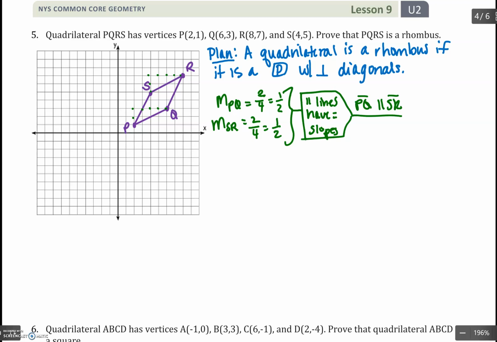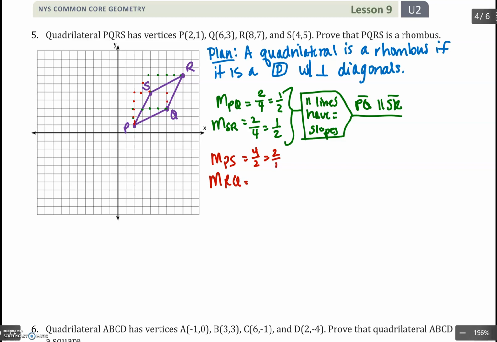And then for the other pair of opposite sides, I'm going to do PS and RQ. 1, 2, 3, 4, 5. Nope. Up 4 and right 2, which is 2 over 1.